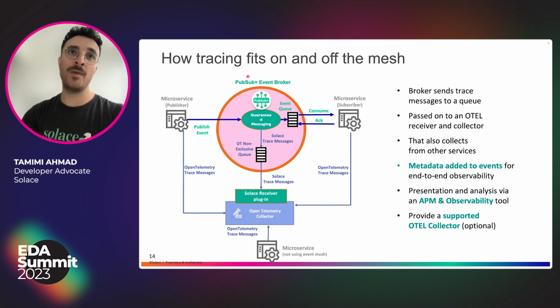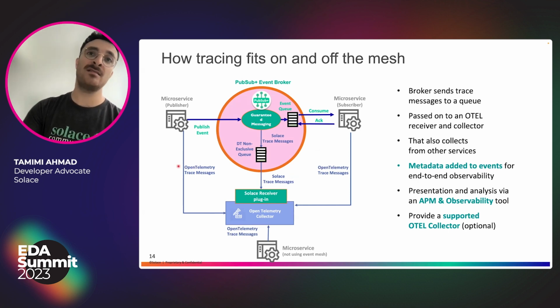We can pry open the black box, and you can see that the broker component is also generating spans to the OpenTelemetry collector. And now when the spans are being sent to the OpenTelemetry collector, we can have end-to-end observability from a publisher to a subscriber through a message broker.